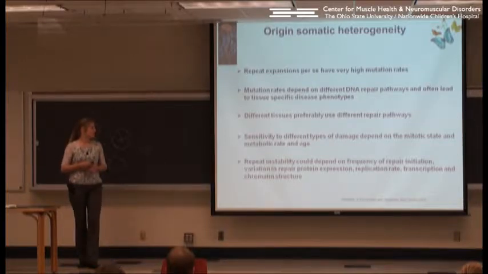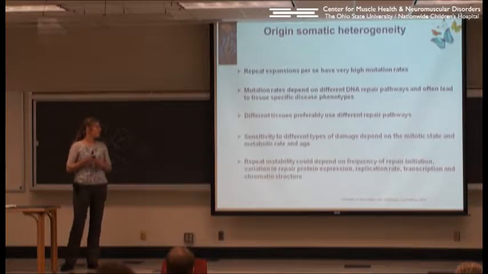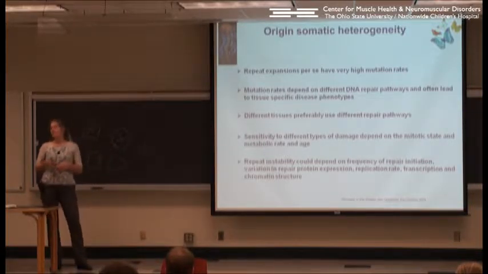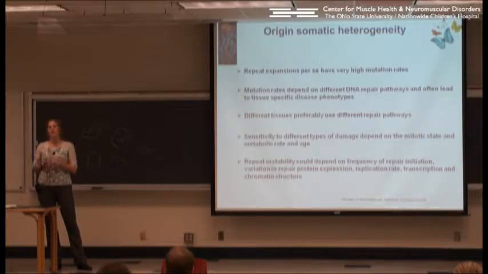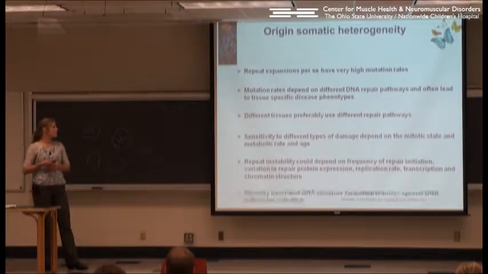Repeat instability could depend on the frequency of repair initiation, variation in repair protein expression, replication rate, transcription, protein structure. So all these things can affect how this repeat is going to be treated in the different subtypes of the tissue. And the recently described DNA structure, the G quadruplexes, is also one part of this.